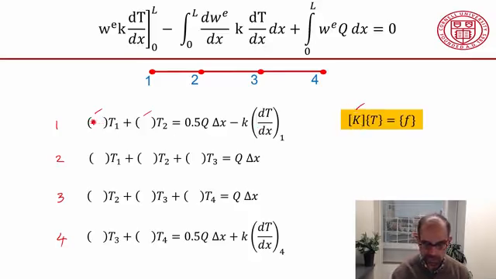For instance, this would go into the first row, first column, this coefficient of the stiffness matrix. And these terms here would go into the right-hand side, the force vector. So for instance, this whole term here would be the first row of the F vector.